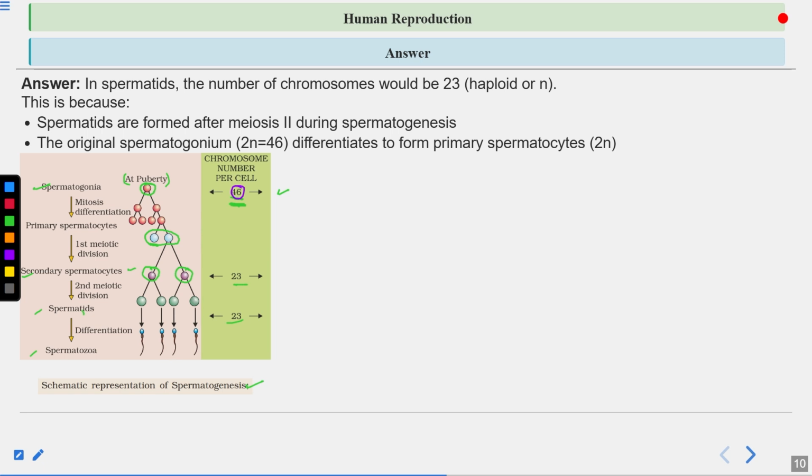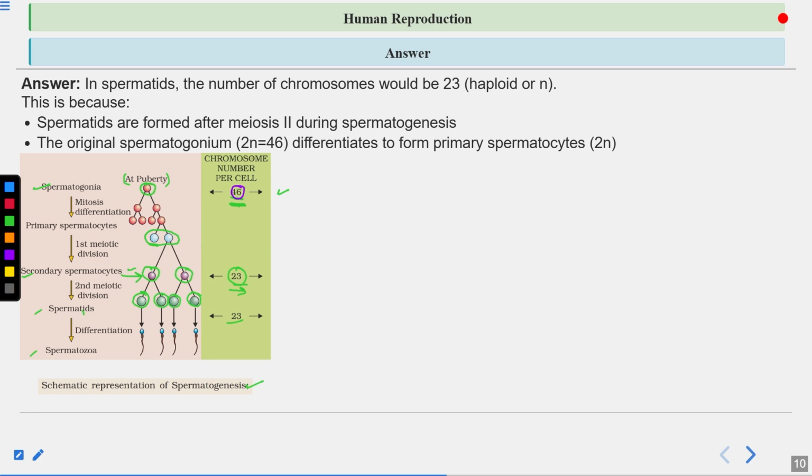These secondary spermatocytes are haploid, meaning they have 23 chromosomes. Then they undergo the second meiotic division, or meiosis 2, to form 4 spermatids, which are again haploid.